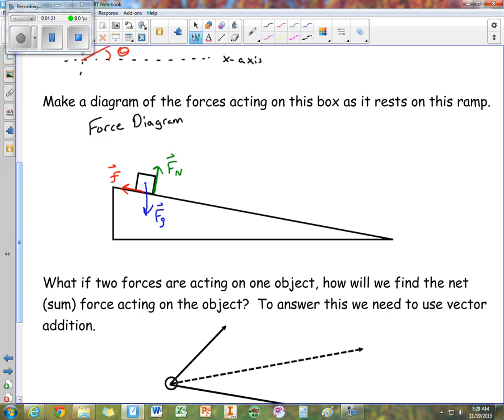We also have another technique called a free body diagram. In a free body diagram, you represent the object as a dot.